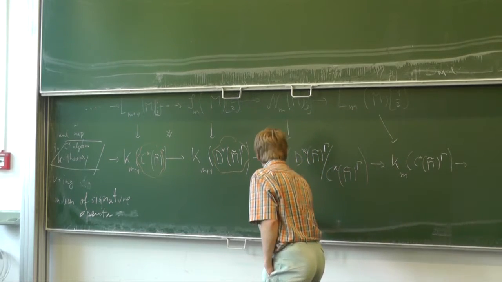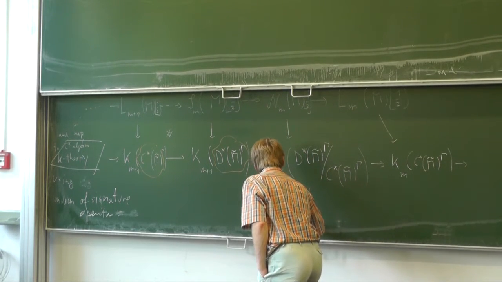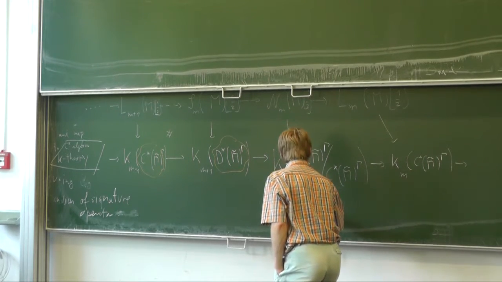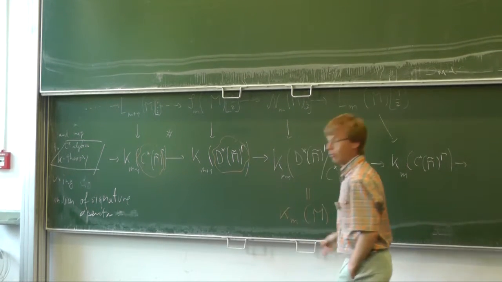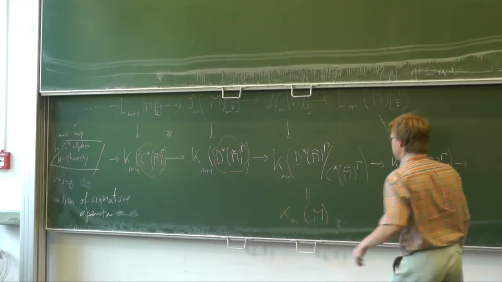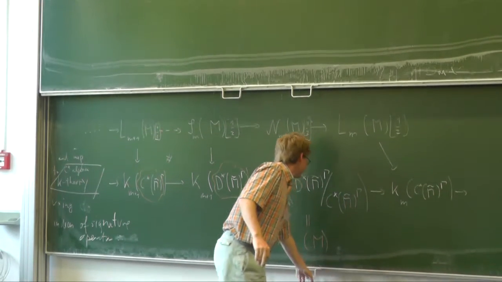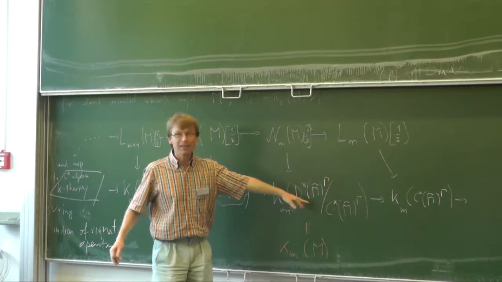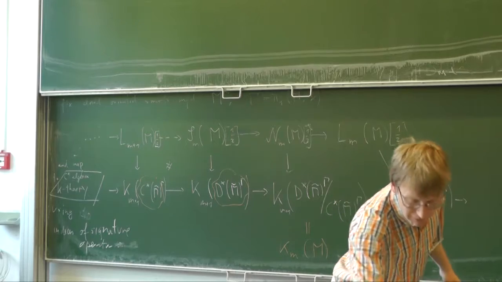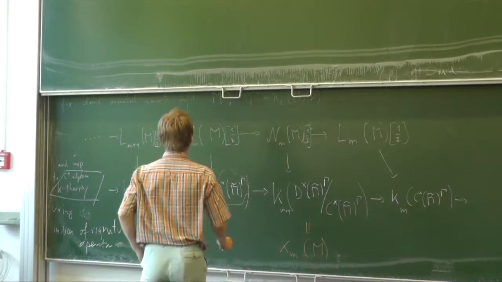This is canonically isomorphic to the K homology of the space M. But on the K-theory side, you also invert 2, right? Yeah. Or, I mean, once you invert 2 here, you certainly can't map to a target where you haven't inverted 2. That's true.